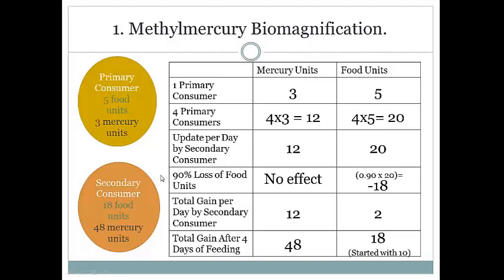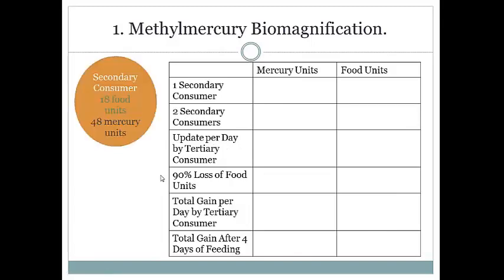We're going to repeat this process, except this time my secondary consumer is going to be eaten by a tertiary consumer. So one of the day 4 secondary consumers has 48 mercury units and 18 food units. My tertiary consumer is going to eat 2 secondary consumers per day.